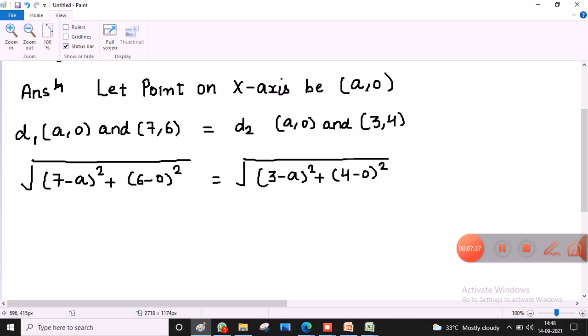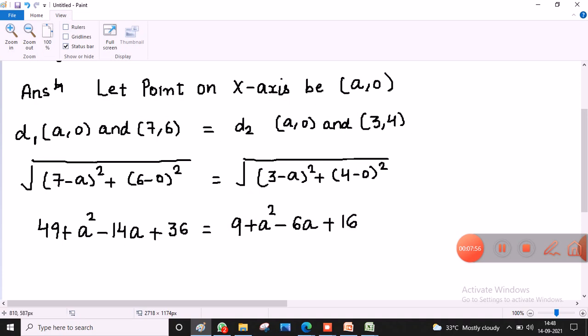Squaring both sides, we can remove the square roots. So we have 7 minus a whole square. Opening this whole square, we have 49 plus a square minus 14a plus 6 whole square means 36. Similarly, opening the whole square here, we have 9 plus a square minus 6a. Opening 4 square, we get 16. A square cancels out with a square.